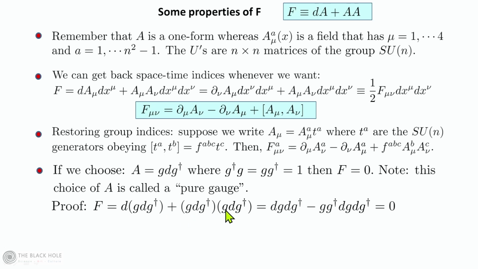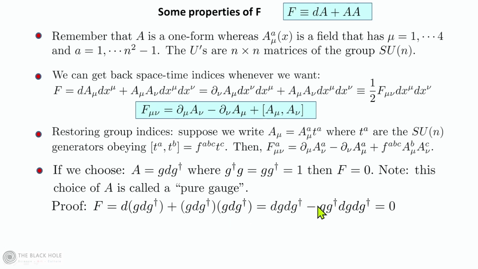this thing squared. Okay, so what happens over here? d acts on G, but then when d goes beyond G, you get d squared, so that's 0. So you just get dG dG†. And now here, what are we doing? Here we're using the fact that when you take d of G†G, then that's equal to 0.